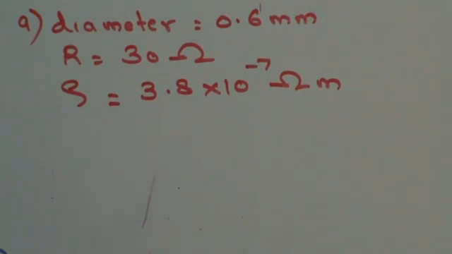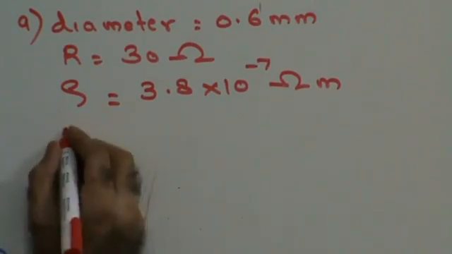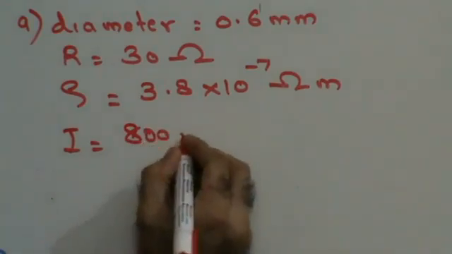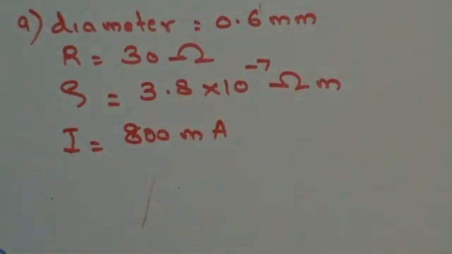Also calculate the potential difference if a current of 800 milliamps flows through it.